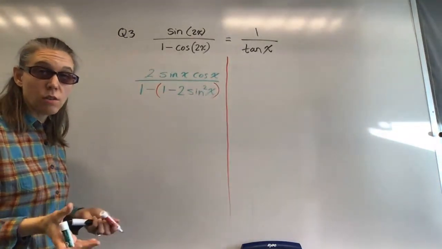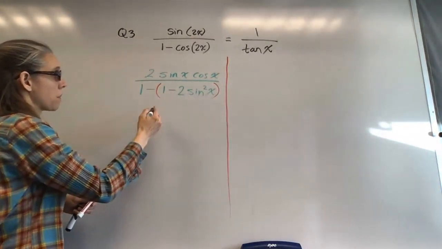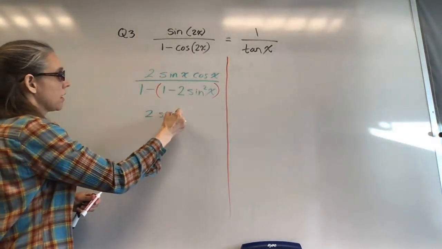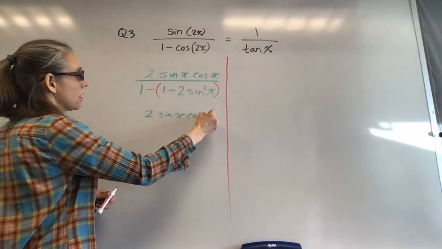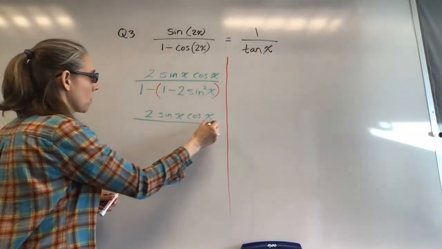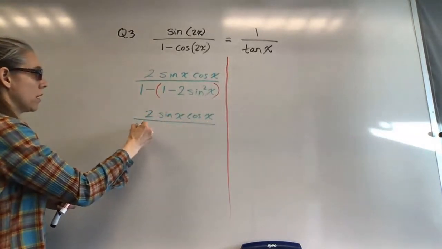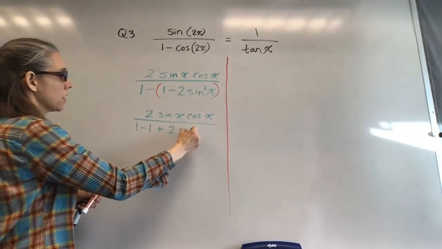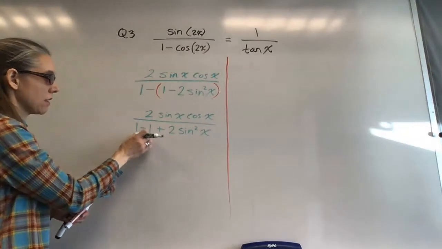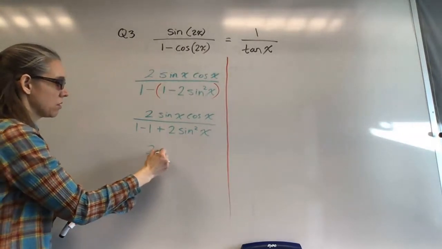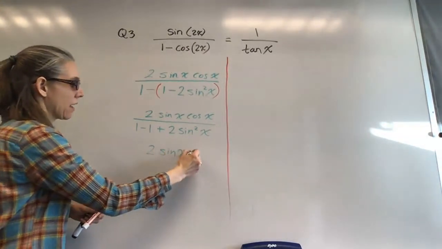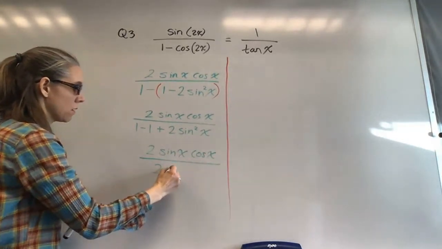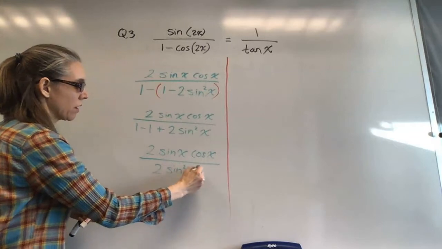And then when I do that, and I use the distributive property, I can end up with 2 sine x cos x over 1 minus 1 plus 2 sine squared x. And these will cancel, giving me 2 sine x cos x over 2 sine squared x.